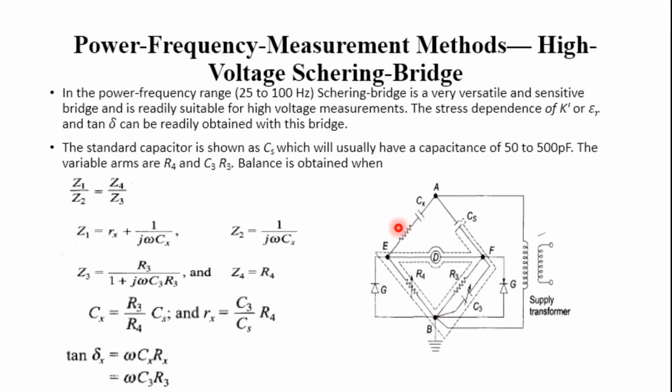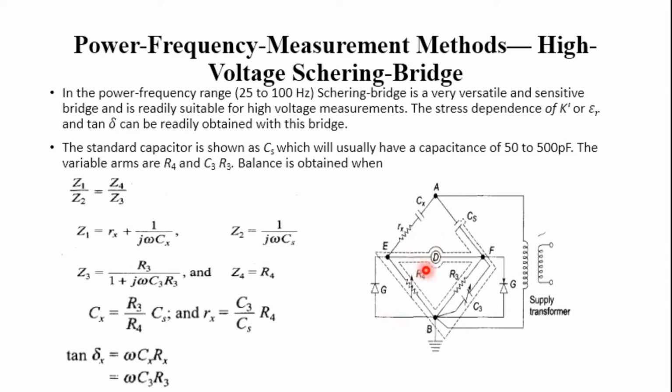It is suitable when the test specimen is not grounded. The standard capacitance Cs is generally a 3 terminal capacitor. The low voltage arm, R4, R3 and C3, and the detector are enclosed in the ground shield, to avoid stray capacitances during the measurement.